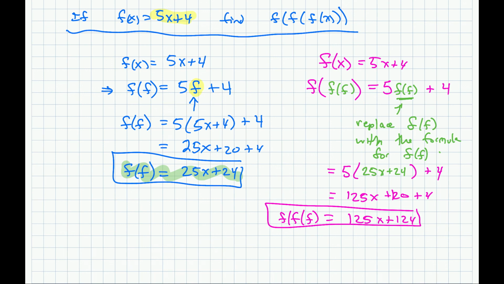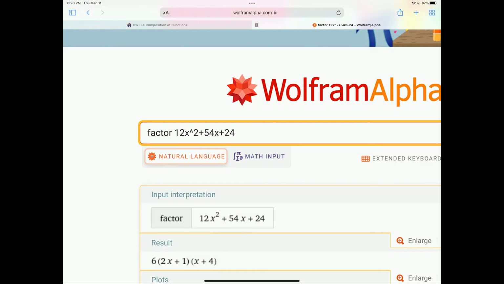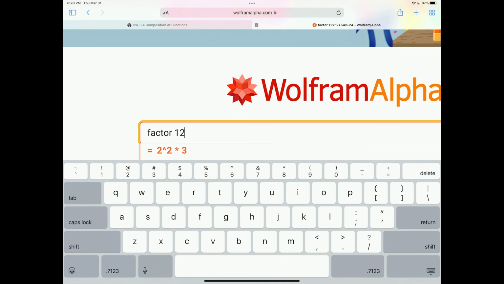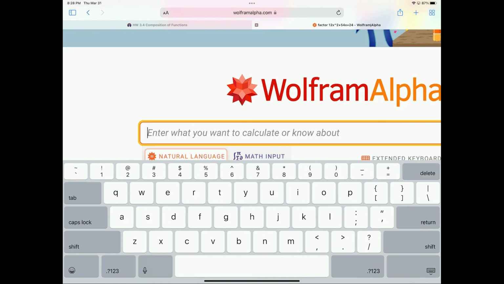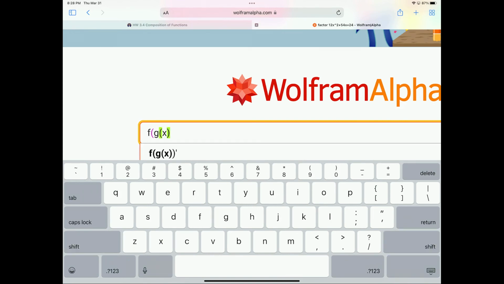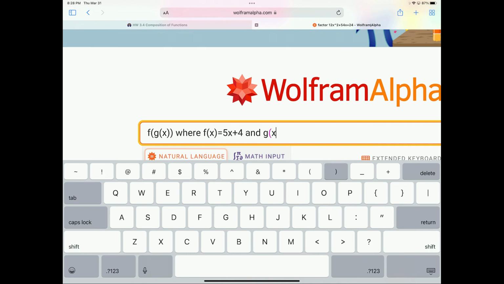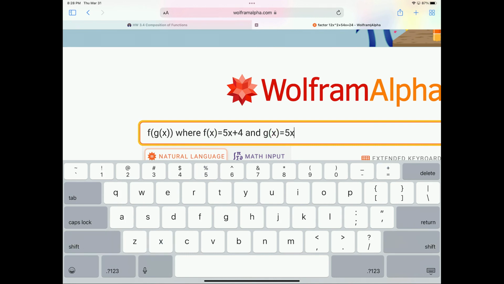Now, how would you do that on a computer? Well, let me show you. Go to Wolfram Alpha. So you do it in stages. You would say f of g of x, first of all, where f of x is 5x plus 4, and g of x is 5x plus 4.